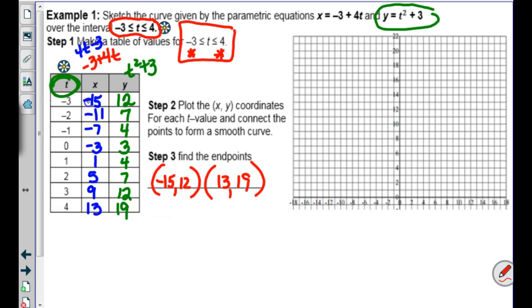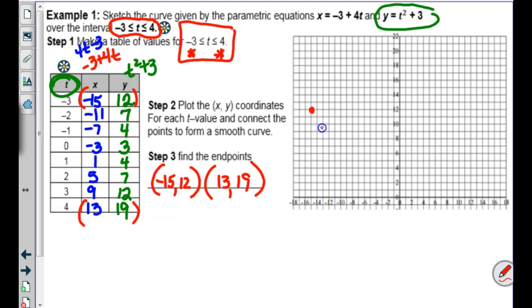So when t was -3, we got this endpoint, and when t was +4, it ended here at 13, 19. Now, what we're going to do on our graph paper is plot the x's and y's. We don't plot t. We plot the function of t in terms of x and y. So we have, it's not a function though necessarily, -15, 12. Oh my goodness, this is tiny.